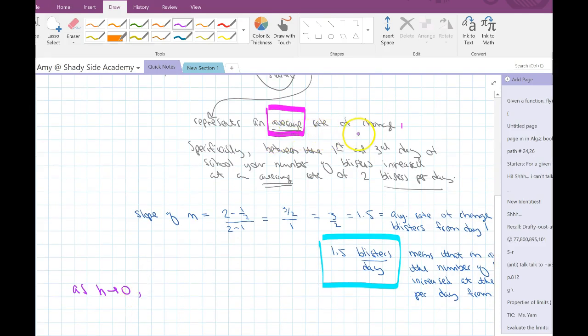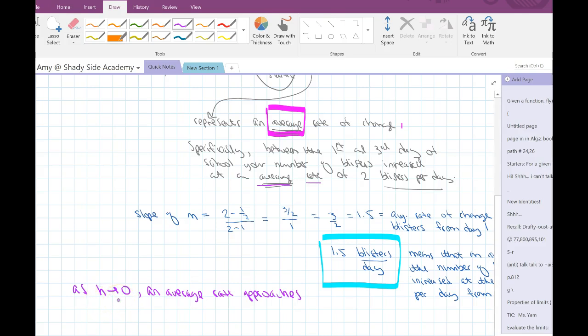Boys and girls, what happens is, as H approaches 0, my average rate of change, because this word average rate of change implies you're looking at a rate of change over an interval of time, right? There's some time there. But as h approaches 0, an average rate of change approaches what kind of a rate of change? What kind of rate of change describes the rate at which something is changing when the change in time is almost 0?